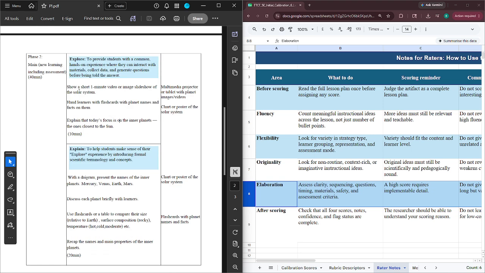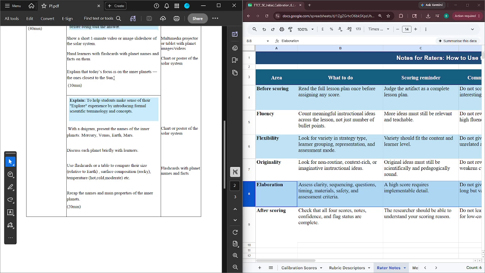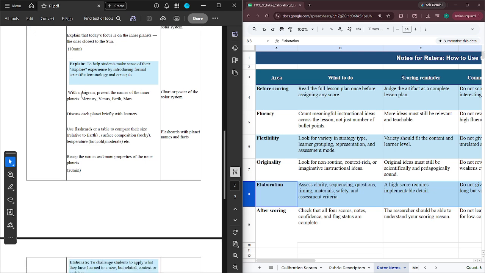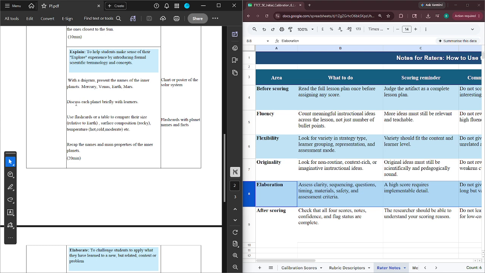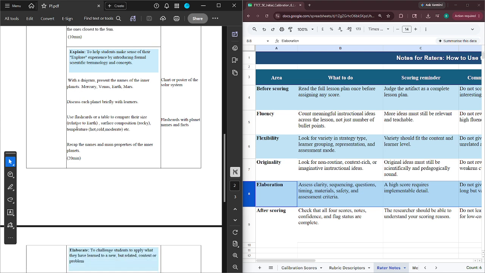Then the second one, showing video and images, and then showing flashcards, and then doing explanations, then showing diagrams, then doing discussions, and then you see flashcards have been repeated here, so we don't have to count it again.